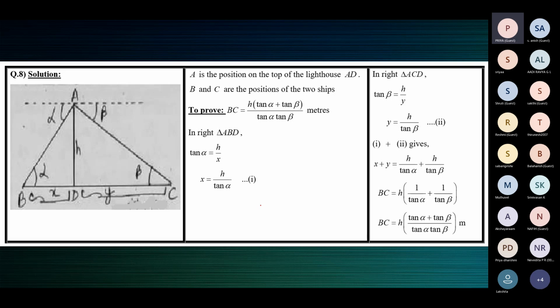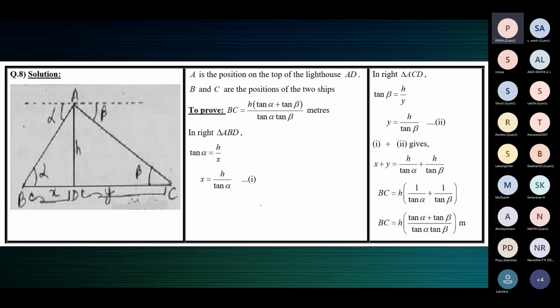I've called BD as X and DC as Y. So to find BC, we'll have to find X plus Y. We'll find X from one right triangle, Y from the other right triangle, and then add X and Y. X plus Y is nothing but BC.